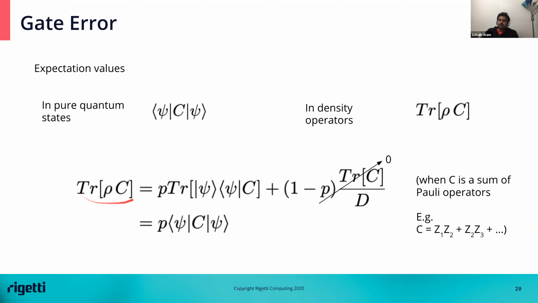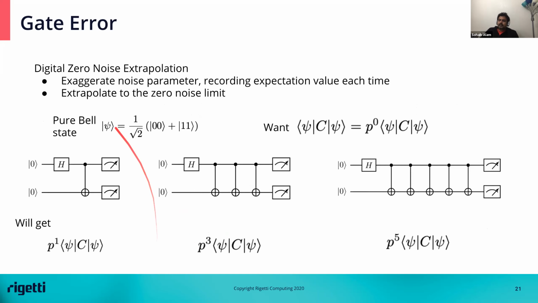But our quantum device has some erroneous gates, and it produces, say, a depolarizing channel. And so we don't know what those errors are, right? But we know that whatever value we're actually measuring is off from the true value by some amount, right? If it is a depolarizing channel, then this is actually a very nice property that we can exploit. Okay, so let's see how we can exploit it.